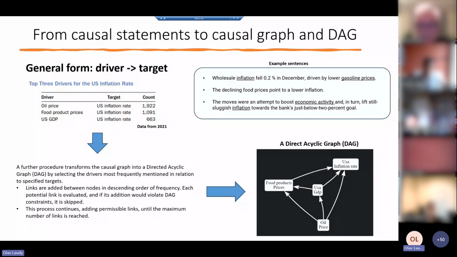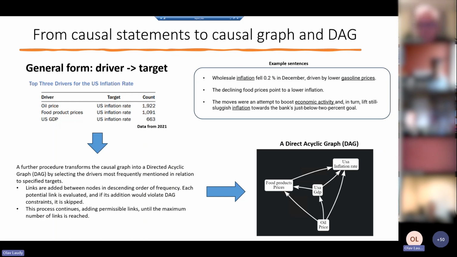For example, if you read on the right the sentence, wholesale inflation fell driven by lower gasoline prices, first of all, you see that the driver gasoline prices is mentioned after the target and of course needs to be understood as the driver impacting the target inflation rate.